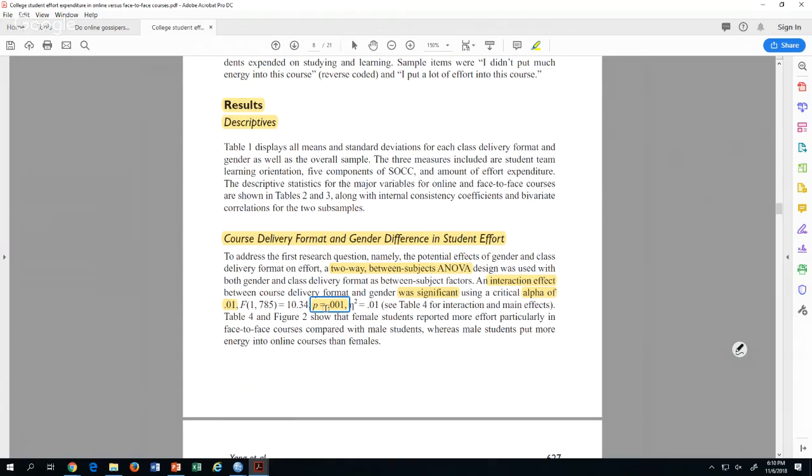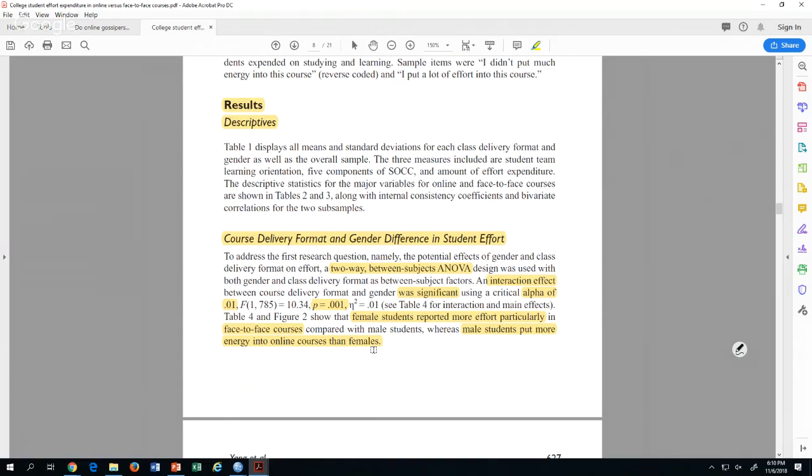So then, did they look at simple main effects as they should have? So this sentence says females reported more effort in the face-to-face course, and males put more effort into the online course.